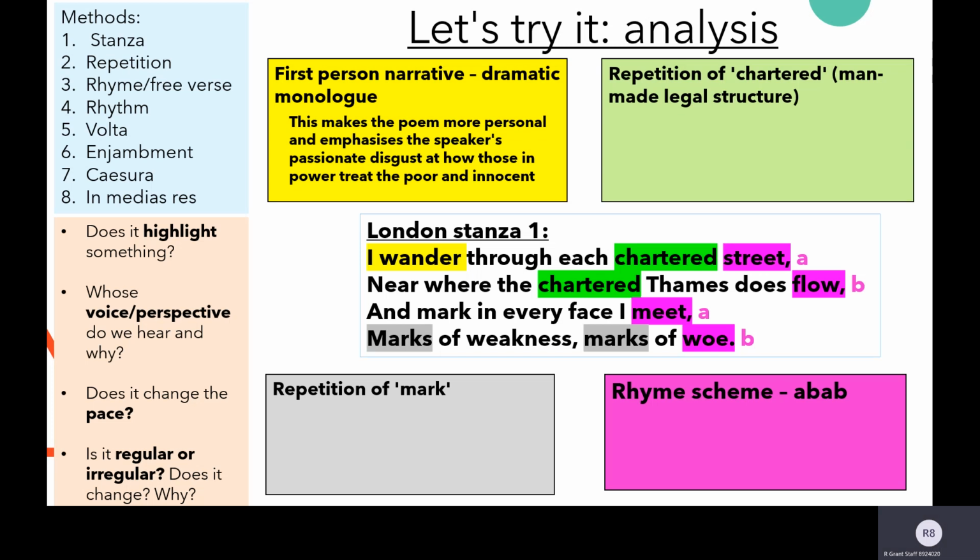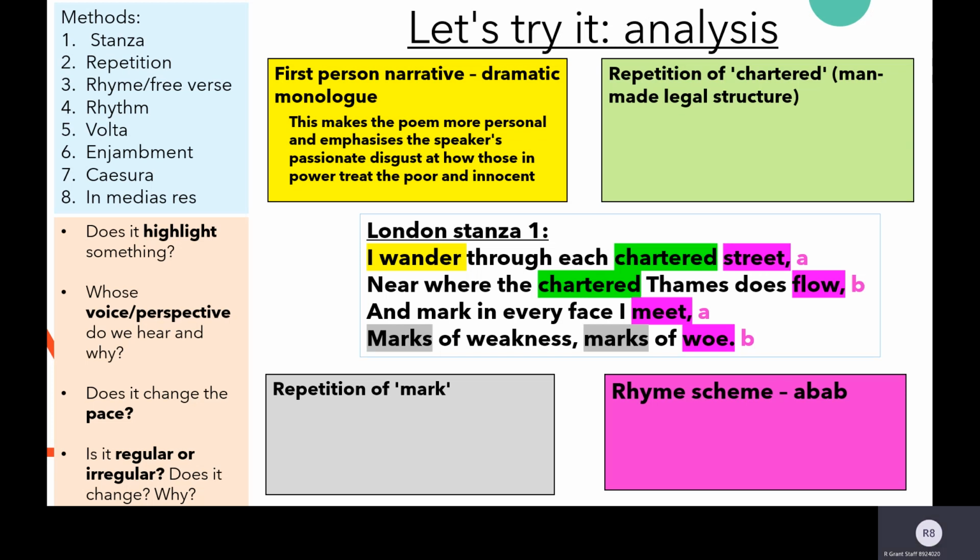And he really questioned politicians and the church's teachings. He really questioned those people in power. So I've put that this makes the poem seem more personal and emphasises the speaker's passionate disgust at how those in power treat the poor and innocent. So that's the effect of using a first-person narrative.